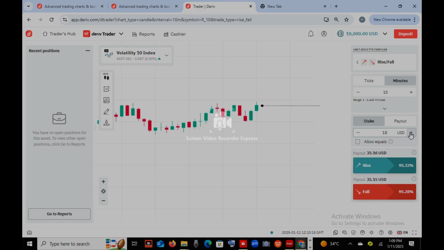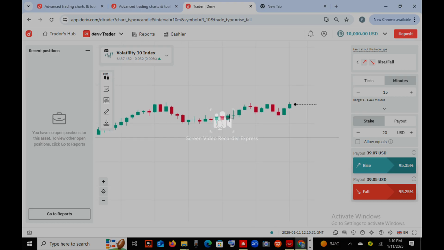So we are going to take a trade. I'm choosing $20 on a time frame of 15 minutes. So we are looking at this candle pattern or market trends, and this market has moved upwards, and we are seeing a slight resistance level here at this volatility 10 index.